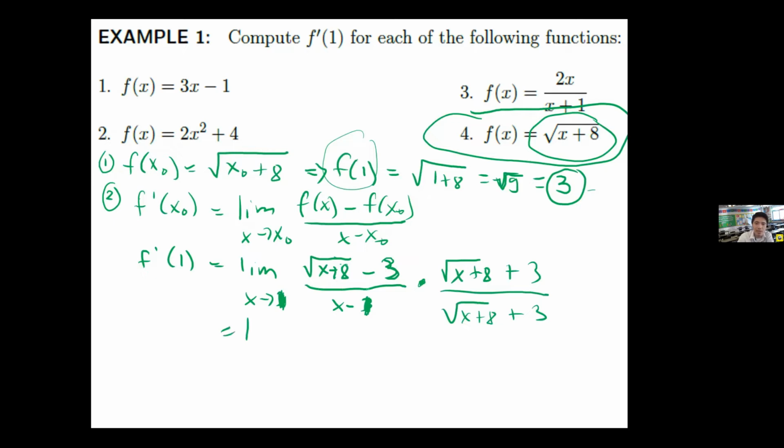Then we simplify this. Limit of, again, when you rationalize, that conjugate, when you multiply the conjugate, the shortcut is to just square the first term, which removes the radical sign. It becomes x plus 8. Since it is a conjugate we multiplied, then the last term squared, the square of 3 is 9.